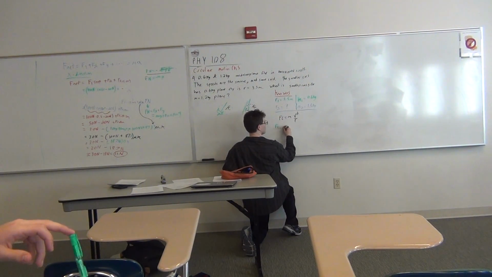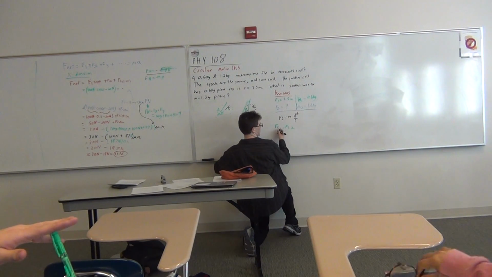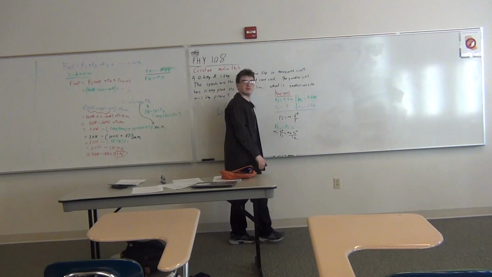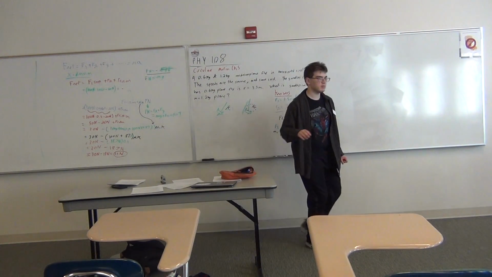So, FC1 equals FC2, which means M1 times V squared over R1 equals M2 V2 squared over R2. What did this problem tell us about the velocities?